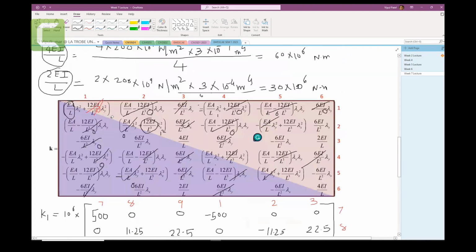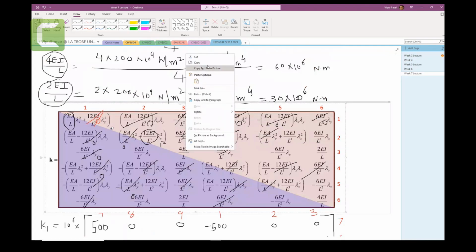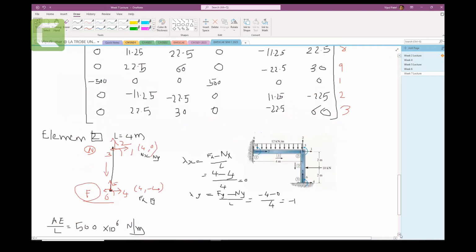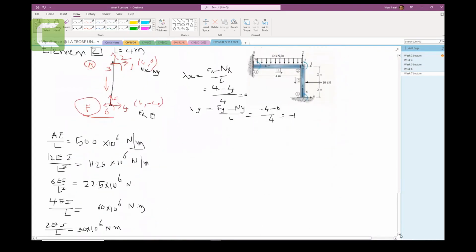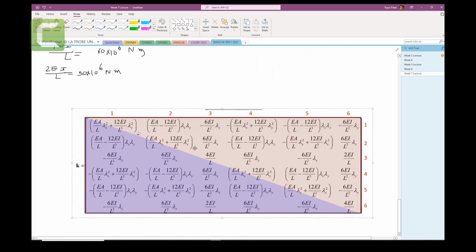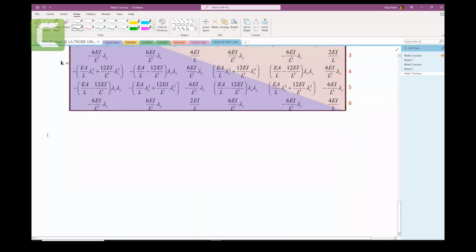So now we can use the same equations because the length has not changed. Luckily, we got the same values. If the length is changing, we might do it differently. So now we have K2 equal to 10 raised to power 6 outside, and we can just draw it up.